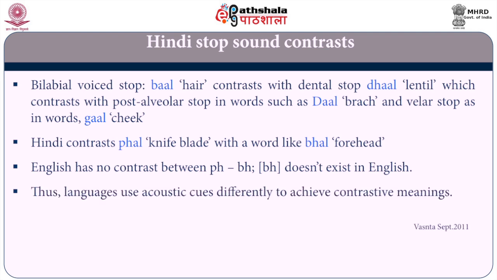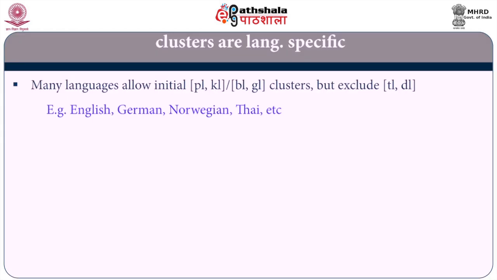So, languages use acoustic cues differently to achieve contrastivity in meaning of words. Alright. So, you also know that words have clusters in them. You know, kla, samyuktaksharam. In Telugu we say that, I think it's there. Sanskrit also. Many languages allow pla, kla, bla, gla.